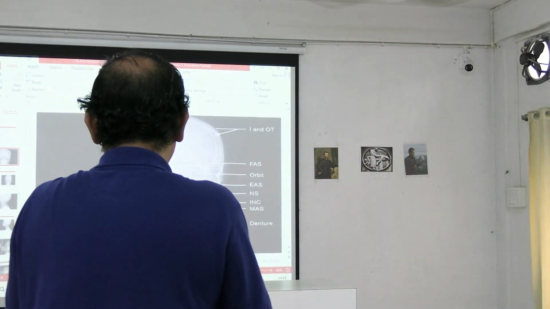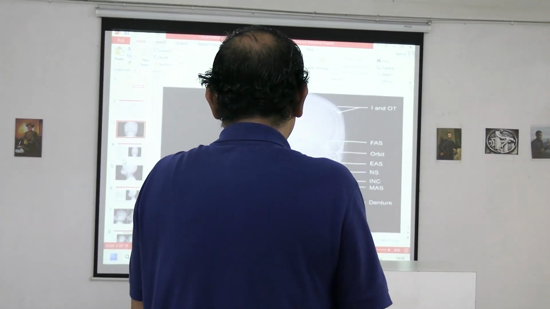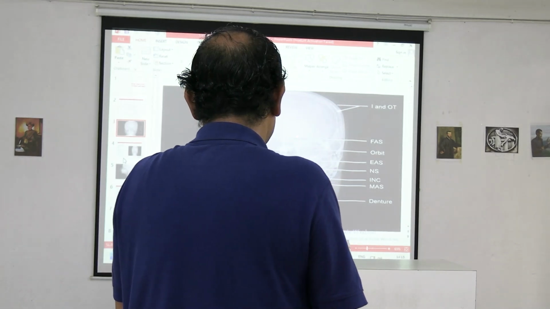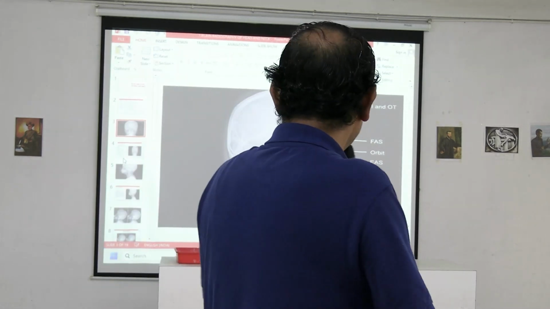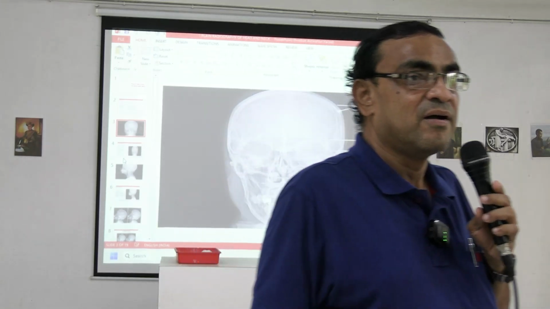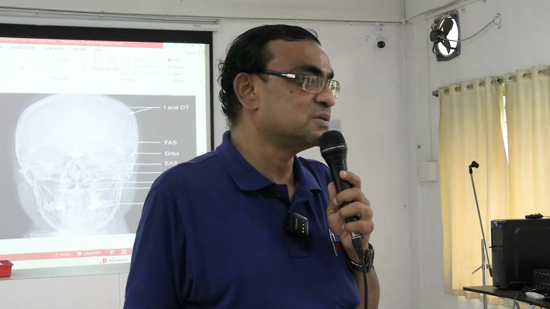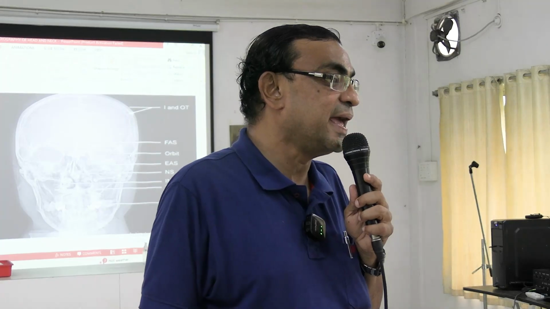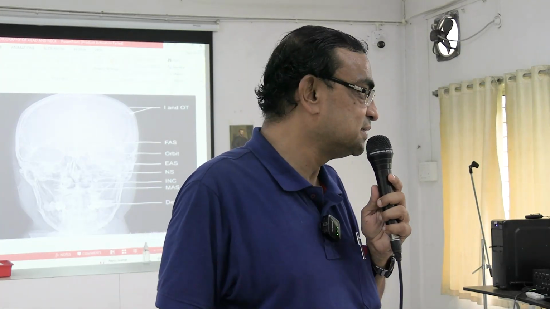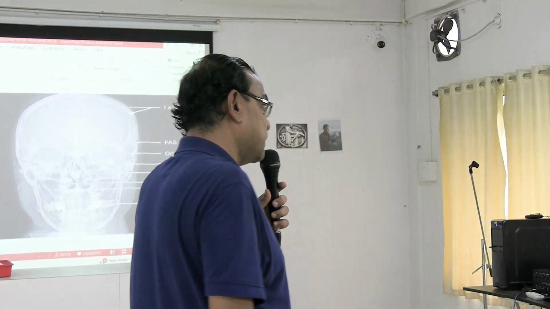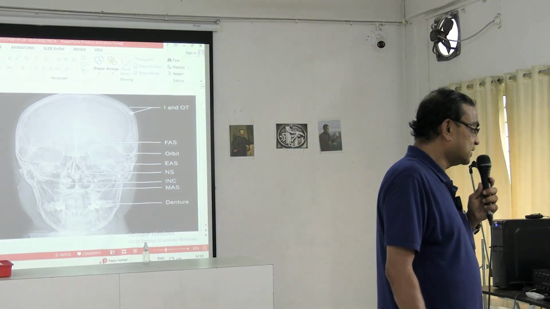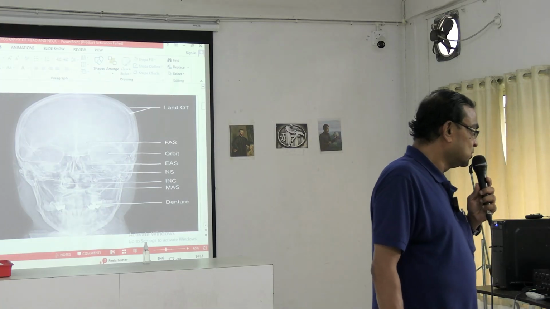And here we can get the frontal bone, and within the frontal bone we can get black shadows. Black shadows are due to air. You have seen in the chest, the lung, wherever you get air, you get a black shadow appearance.